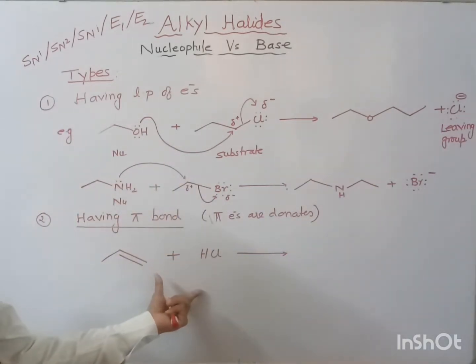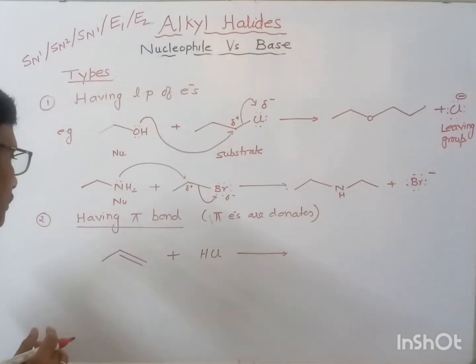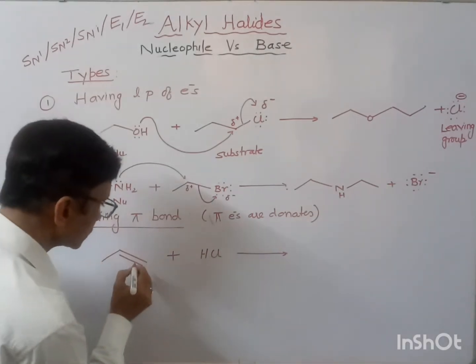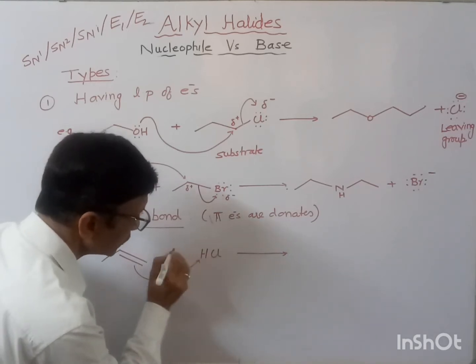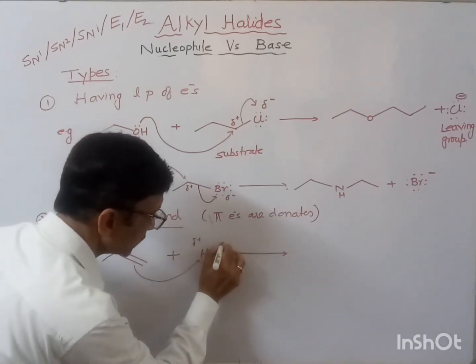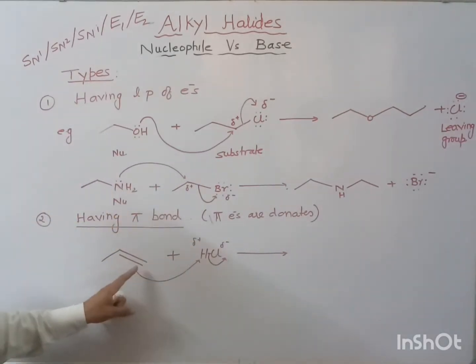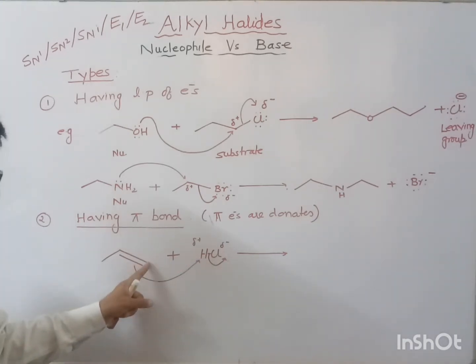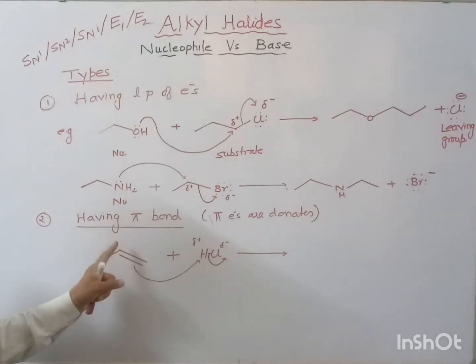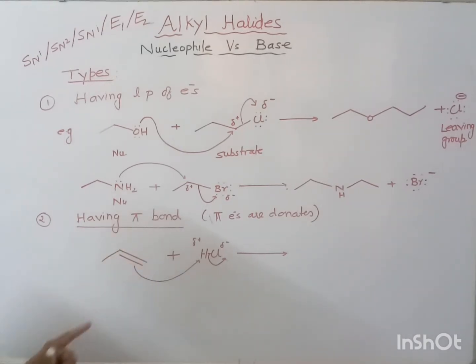This we have all read. This is one of the examples of the Markovnikov product. Here the pi electrons are loosely held, so this will have a delta positive charge, delta negative charge, and here the chloride ion will leave out, and this proton can attack either over this center or over this center. But this center forms a secondary carbocation and this forms a primary carbocation.